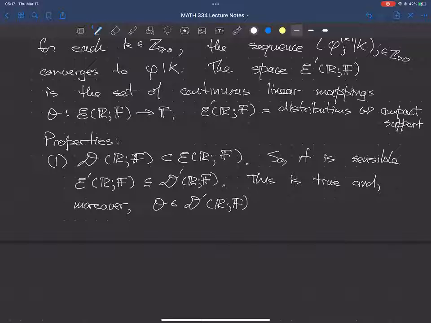Again, what we want to do is give a condition that identifies those distributions which are in E prime. The name suggests that either the person who named it isn't very smart, or that a distribution is in here if and only if it has compact support. And of course, it's the second thing.